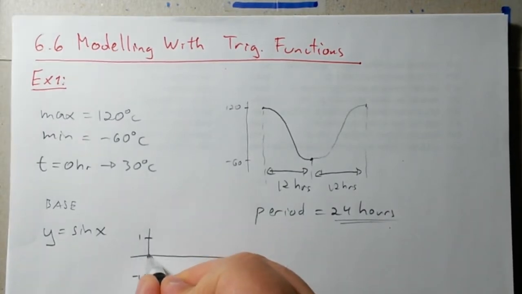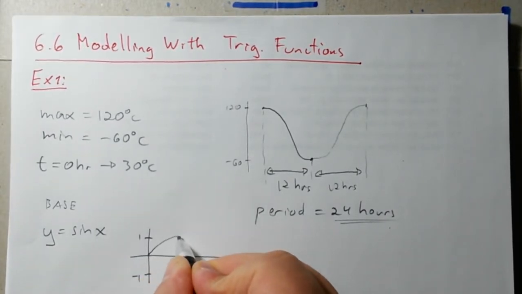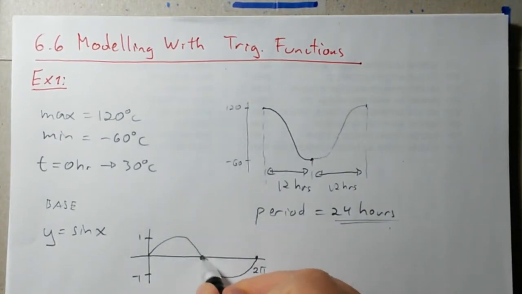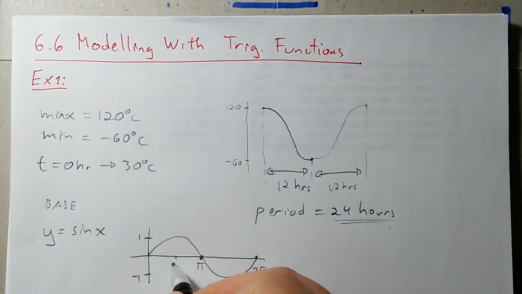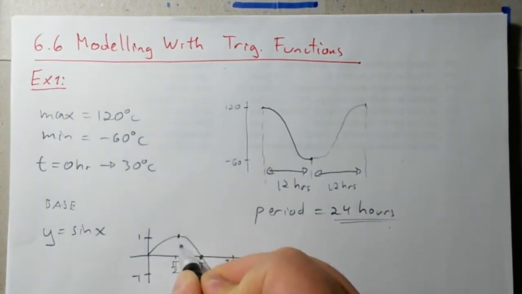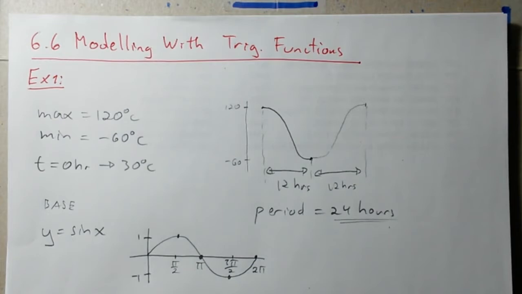You start from 0, you go up to the maximum, then to the minimum, and in this case, we're using radians, so it takes 2 pi to complete one cycle, one period. That will be pi halfway in between. This would be pi over 2, and this would be 3 pi over 2. Alright, so this is our sine function.